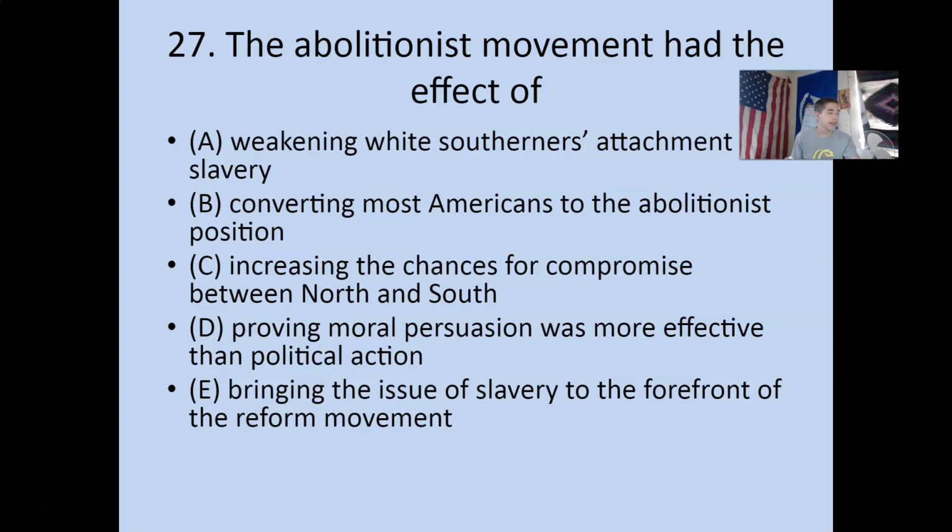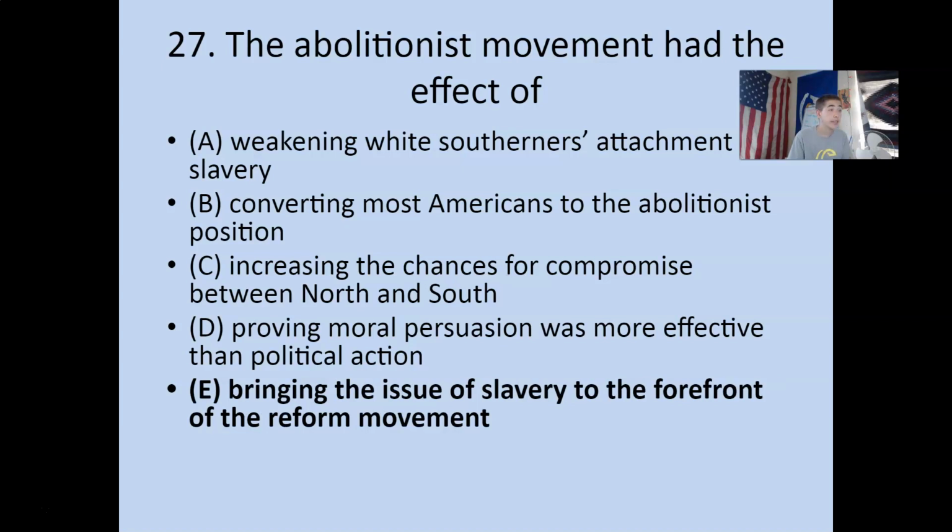Or E. Bringing the issue of slavery to the forefront of the reform movement. The correct answer is E. It brought the issue of slavery to the reform movement because the abolitionists are trying to abolish slavery. It's in their name.